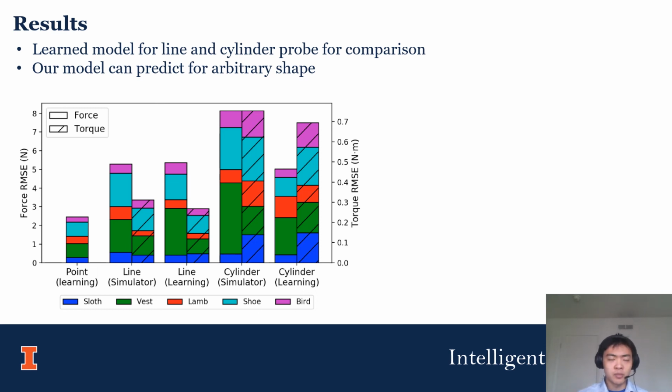Our model is able to predict force at a comparable level with the learned models for line and cylinder probes. However, our model is not restricted to a certain shape. It can predict for arbitrary shape and arbitrary orientation and depth.